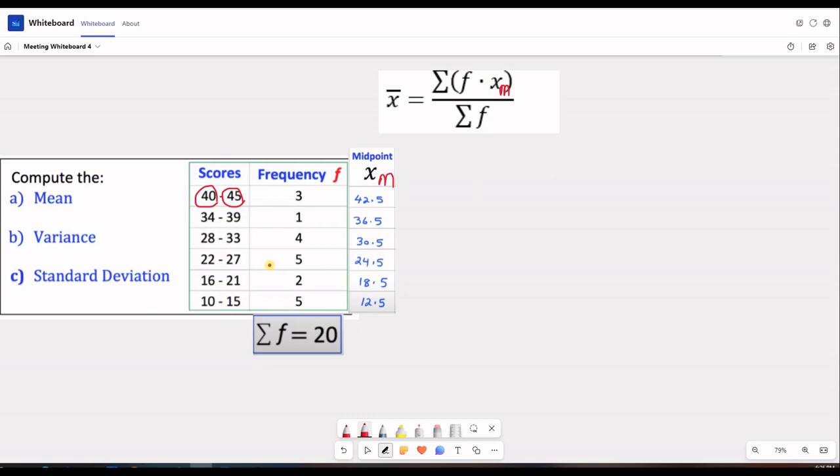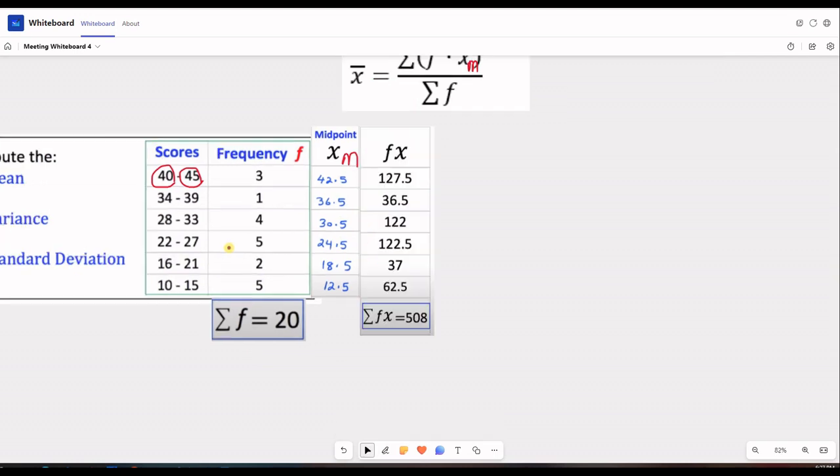So the next step is adding a column to my table and finding the corresponding f multiplied by x, and then adding all those values together and calculating the total. So here I added another column.